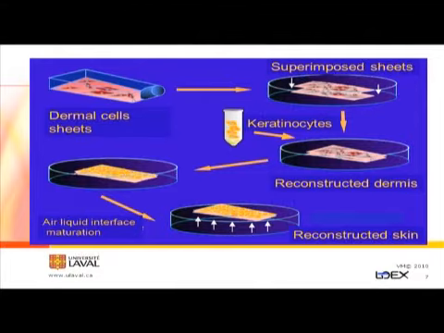We obtain manipulatable sheets that we can superimpose to obtain a thicker dermis. Keratinocytes were then added on this dermis, and when they reach confluency, we elevate the skin at the air-liquid interface to induce the maturation of the epidermis.